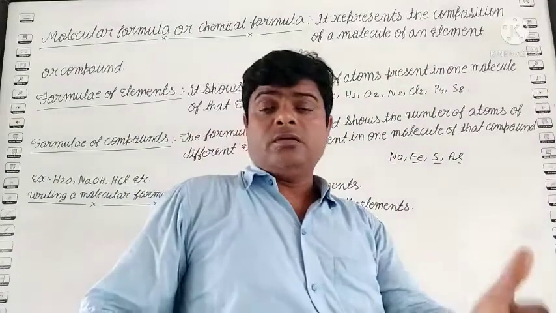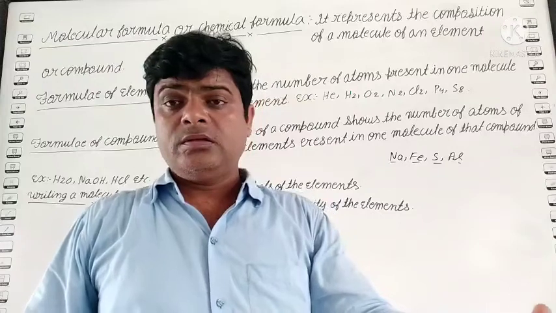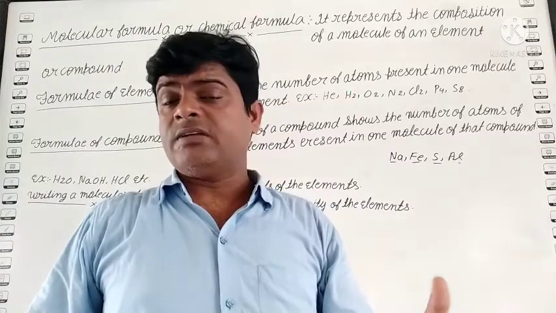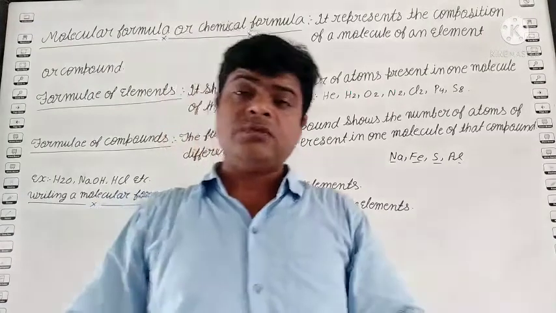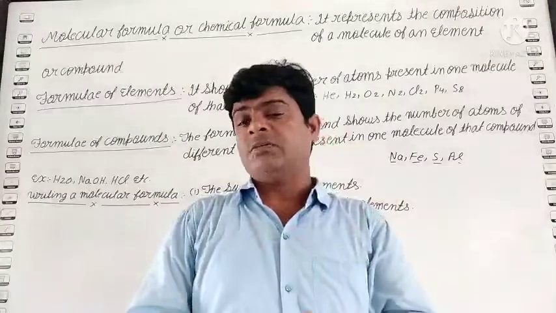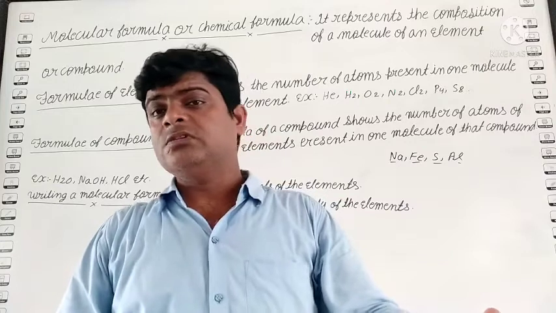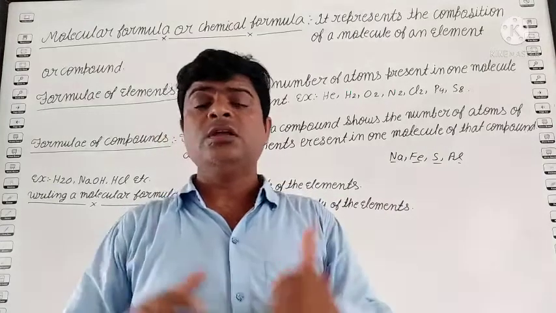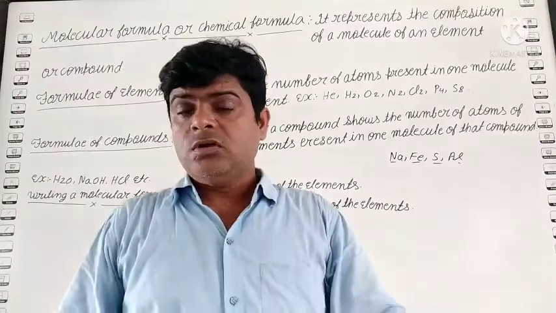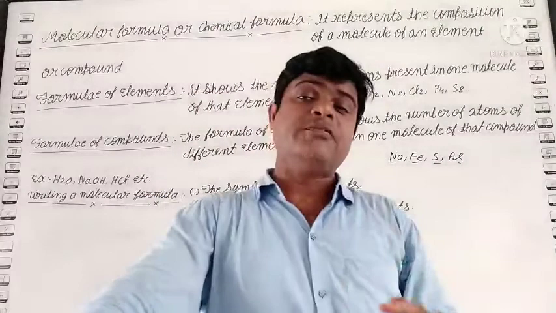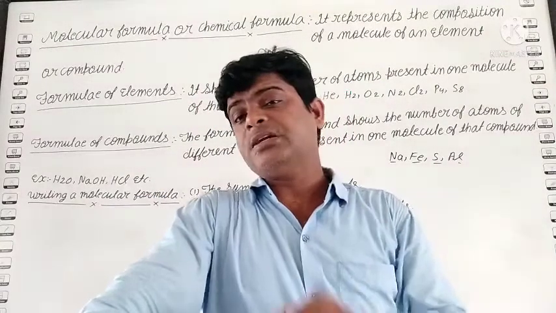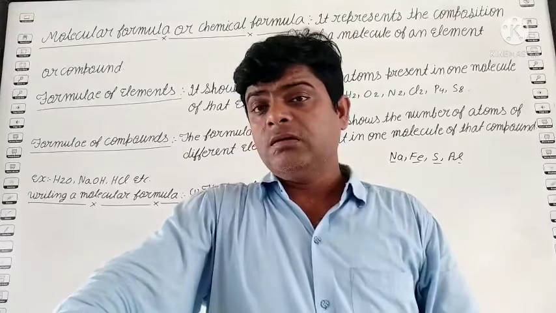Atoms are not free in nature, so they combine together and form molecules. In some cases one atom, in some cases two atoms, in some cases three atoms join together and form molecules. With the help of the formula, we easily identify how many atoms are present in one particular element.